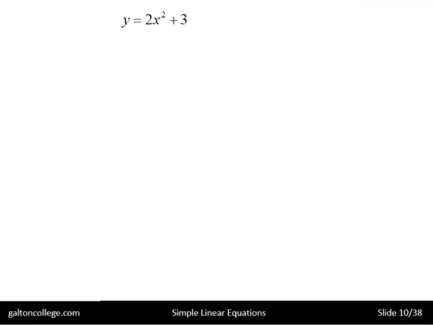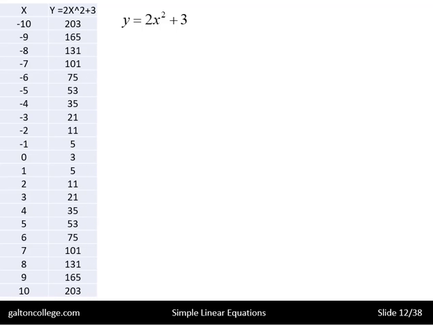Since we're here, let's just play with this one for a moment. Let's say we had y equals 2x squared plus 3. Well, now we've got a column of x and a column of y. In this case, y equals 2x squared, which is how you write it in spreadsheet language, plus 3. So if you do that, we will get this figure here.